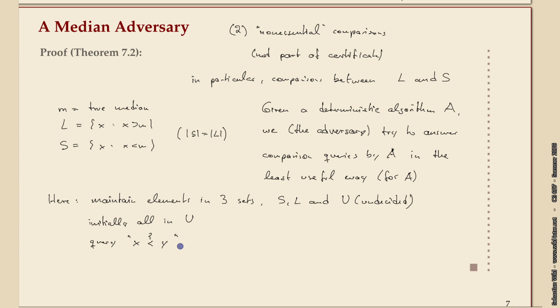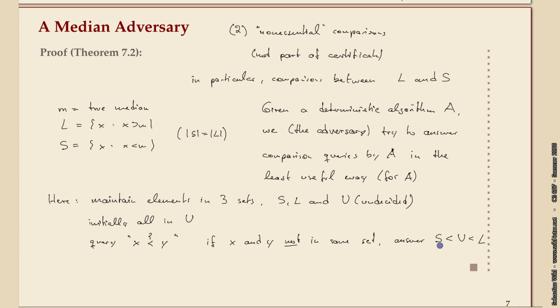Now we check if x and y are not in the same sets. Then we answer according to the rule: the small ones are all smaller than the undecided ones, and these are all smaller than the large ones. Okay, that decides the comparison, and that's all we do.